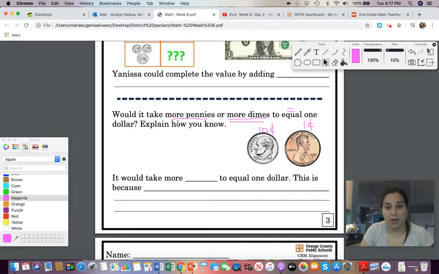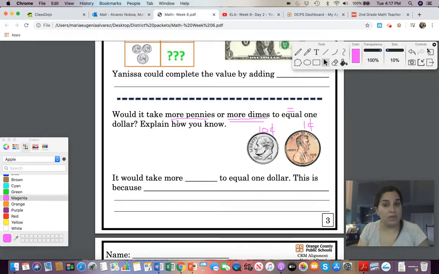Explain how you know. How many pennies do you need to make $1 or 100 cents, if they're worth 1 cent? How many dimes would you need to make $1 or 100 cents if you were to use dimes?